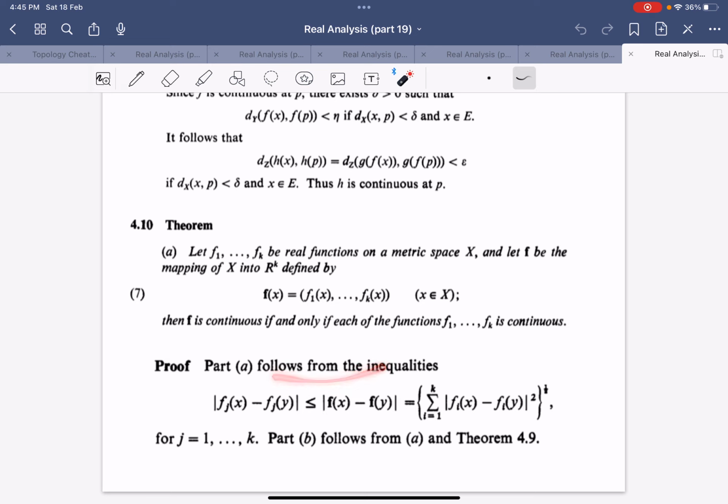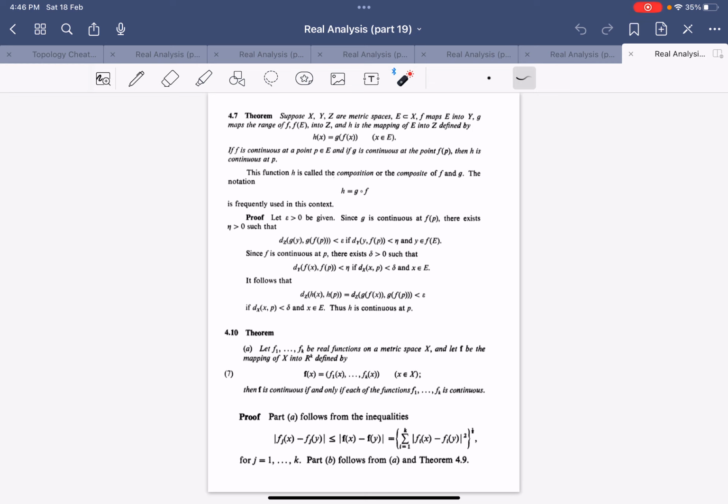And so the proof of the inequality follows because we can bound the vector function by each component and the sum of the components to the power of 1 over k. And so it follows from earlier when we proved the continuity in sequences, convergence in sequences.